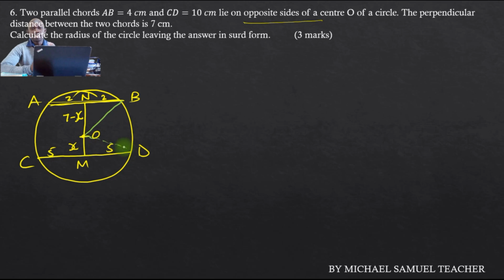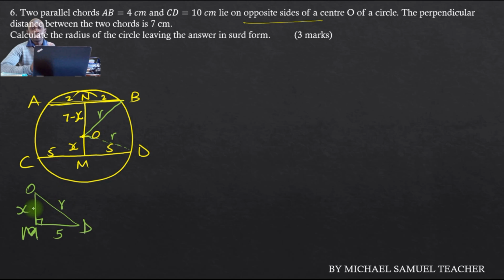Either of them will be fine. Now, in triangle OMD, so this is 5, this is our radius, and here it is x.